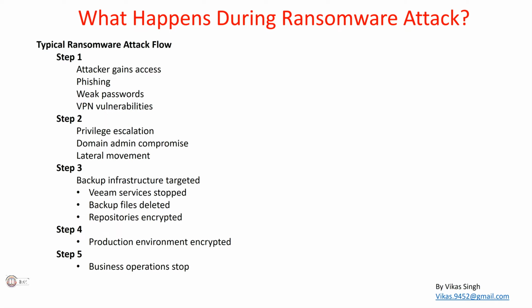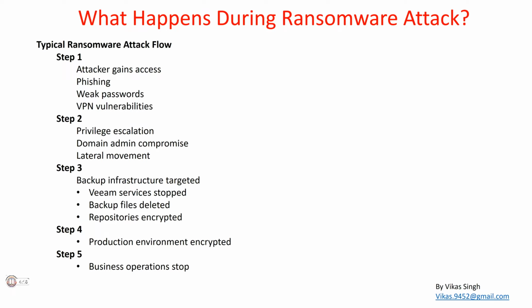Now step three, target backup infrastructure. This is where modern ransomware becomes dangerous, and where you need to implement your security. The attacker specifically searches for Veeam backup servers, backup repositories, storage servers, and hypervisors. Once they find these, they stop Veeam services, delete backup jobs, remove restore points, and encrypt the repository.